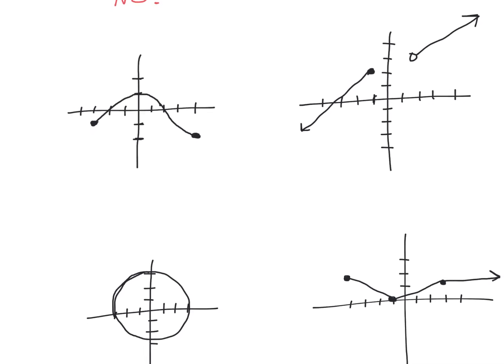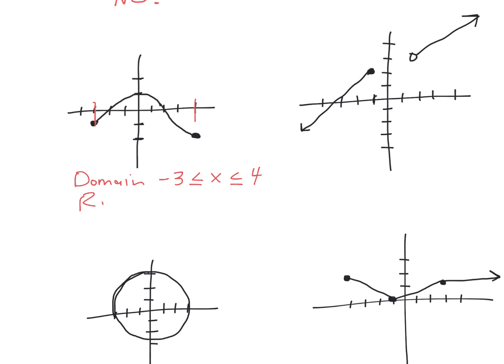Looking at the next one, does this pass the vertical line test? Yes, it does. There's no 2 points that line up vertically. Domain. On the x-axis, you can see that the graph is between -3 and 4. And it's closed dots, so we would include those two.